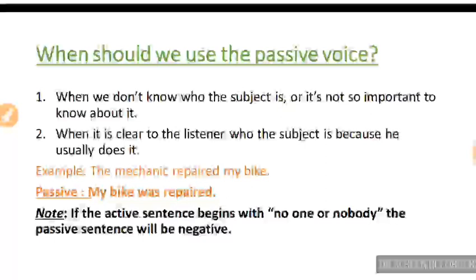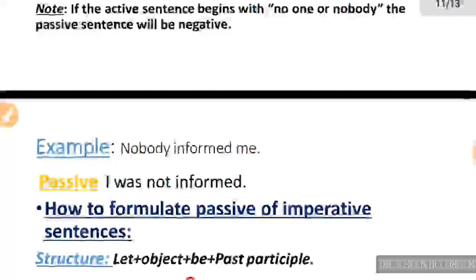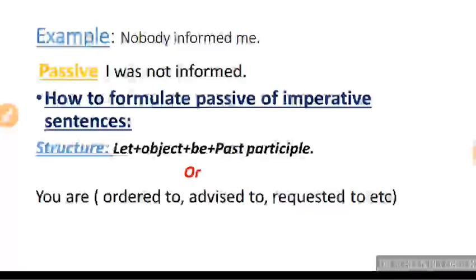Here it's not so important who the subject is. That's why we didn't mention it in the passive sentence. Note: if the active sentence begins with no one or nobody, the passive sentence will be negative. For example, nobody informed me. Passive. I was not informed.